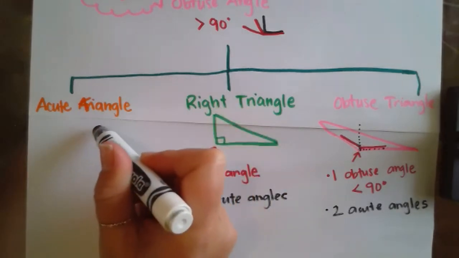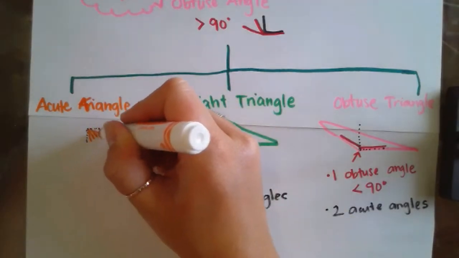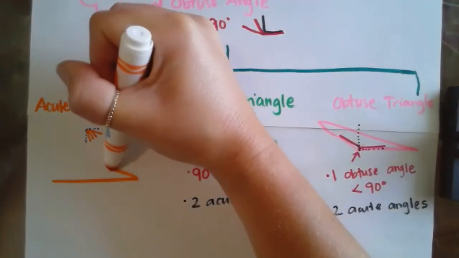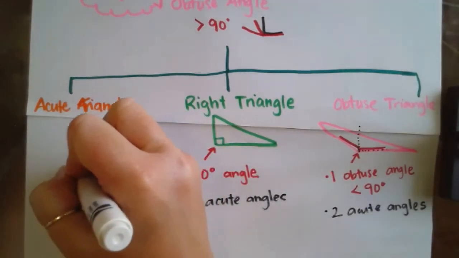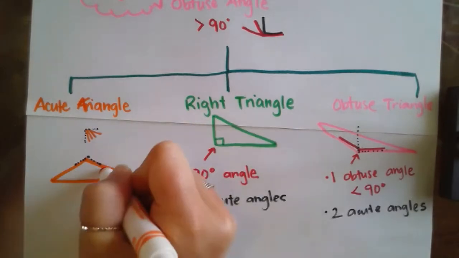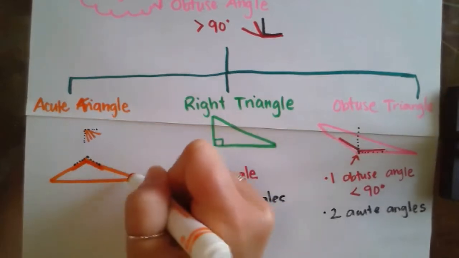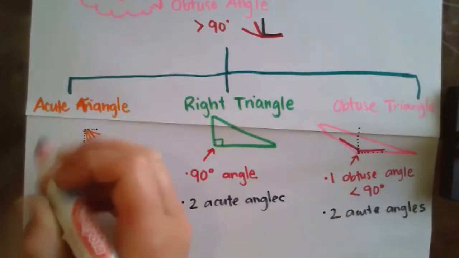If I add up all three of the angles, they will again equal 180 degrees, but they all are going to fall less than 90 degrees. So in this example, if that was a 90 degree angle, our acute triangle would have all three angles that fall under that 90 degrees or smaller than that 90 degrees.